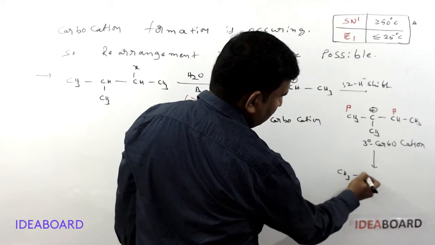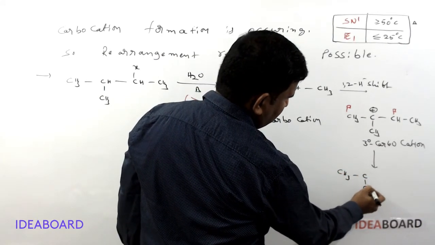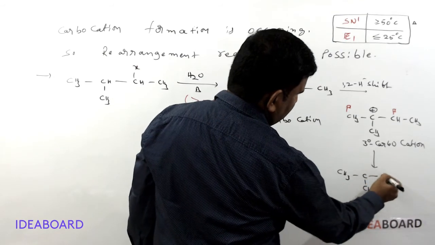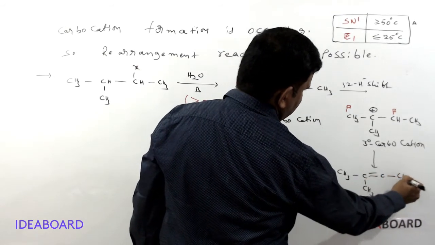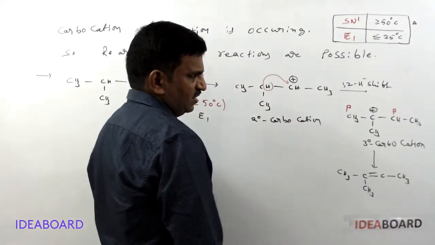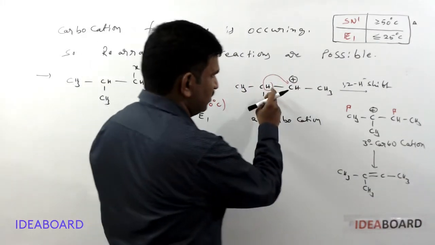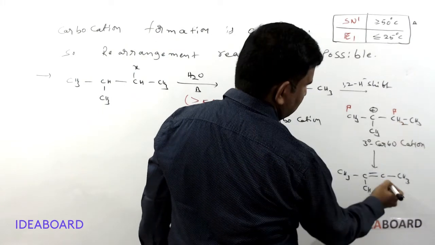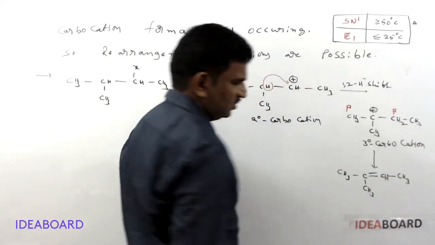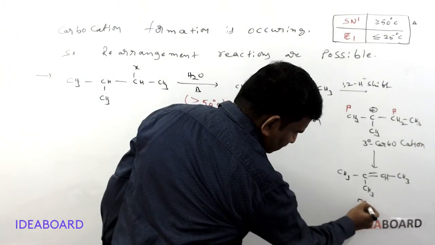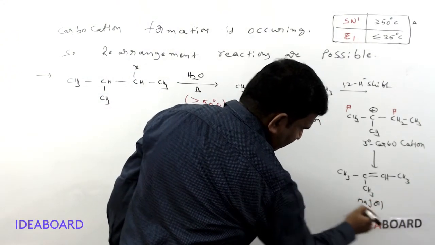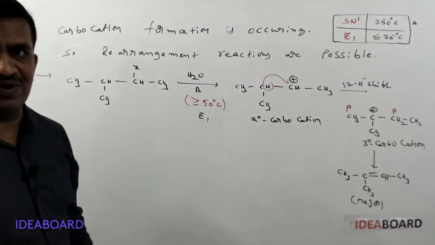So this is CH3, C, CH3, with a C double bond formed, and this is CH3. One hydrogen is shifted, so you get CH2 here and CH here. This is the major product, the Saytzev product.